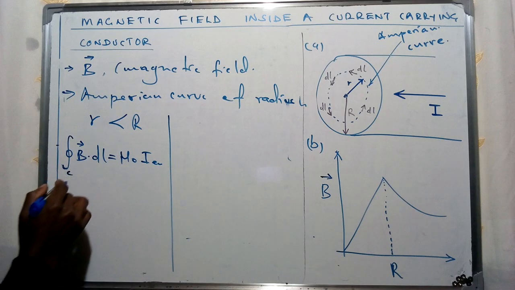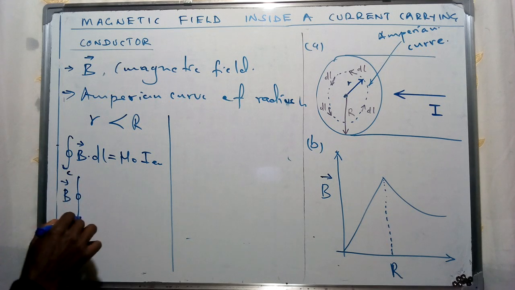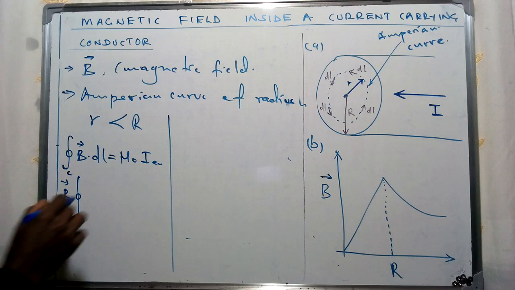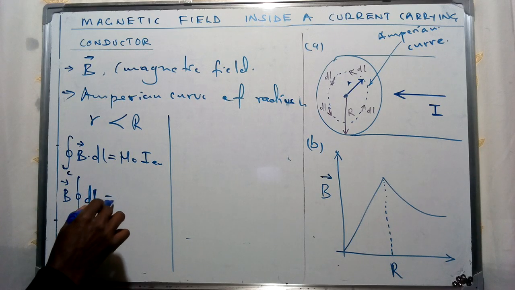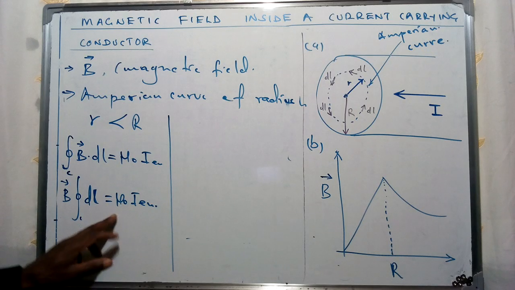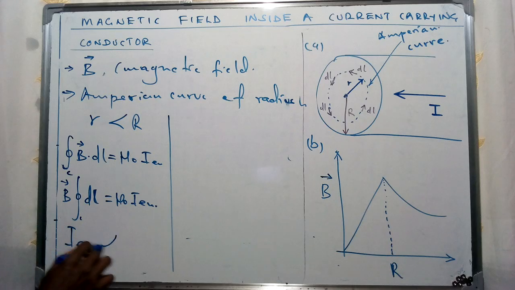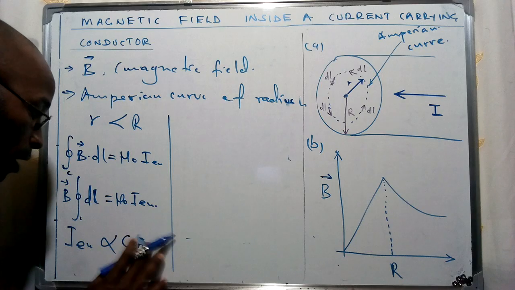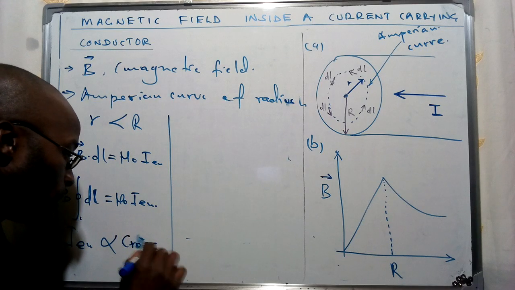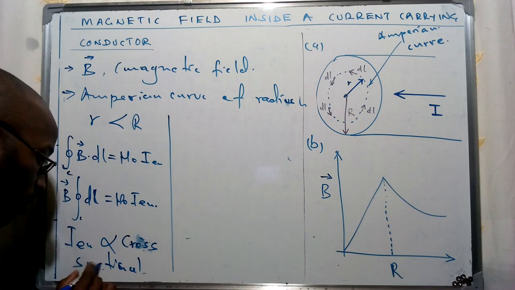Now, in trying to find the integral for this, we're going to have the magnetic field taken out since it's going to be a constant, and therefore we're going to find the summation of these specific elements of dl, which are going to be equivalent to the current enclosed times mu naught, which is the permeability of free space. And therefore we're going to see that the current enclosed in this particular case is directly proportional to the cross-sectional area.